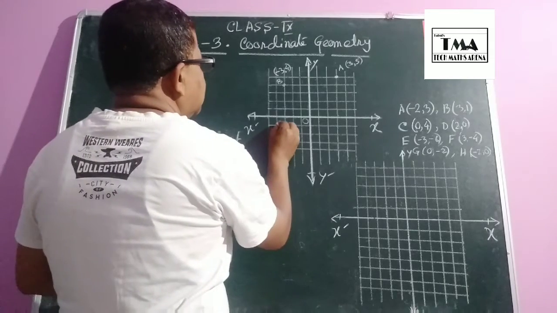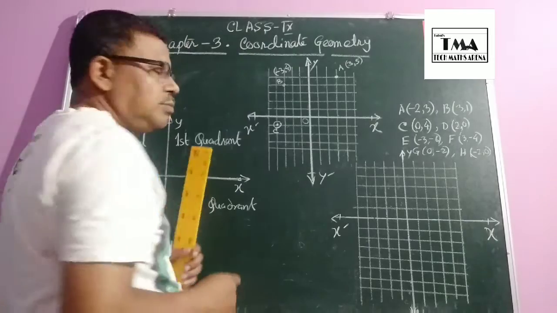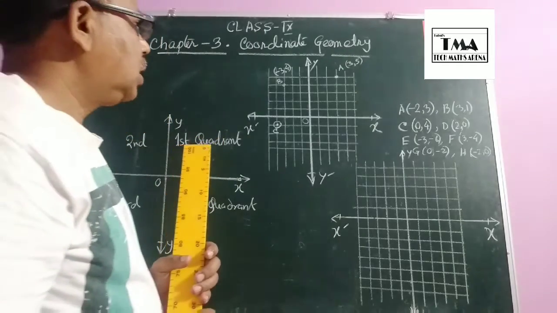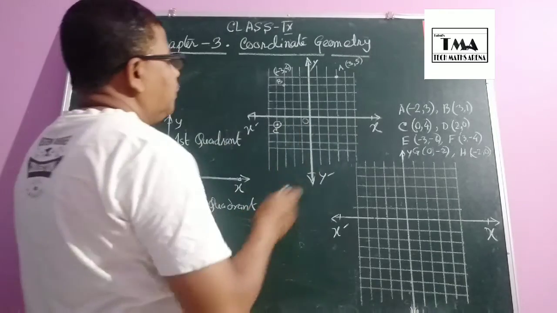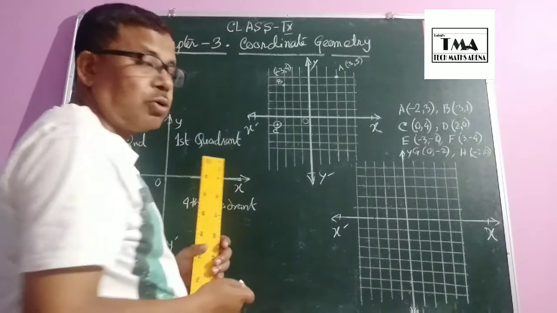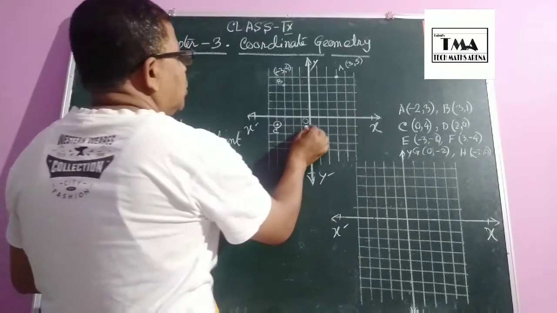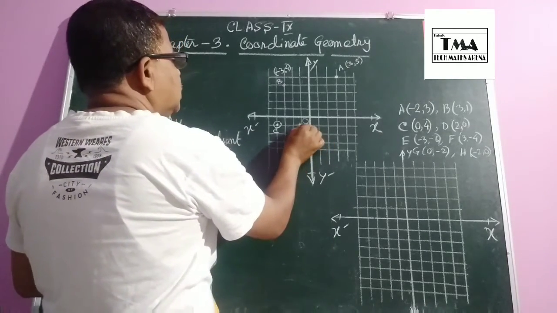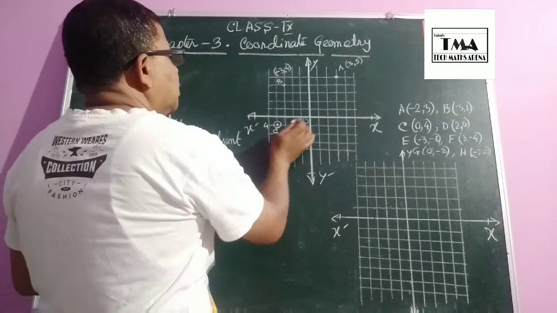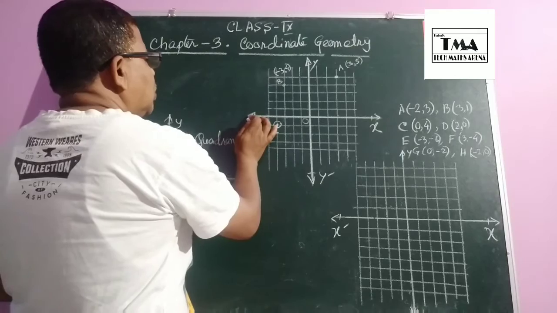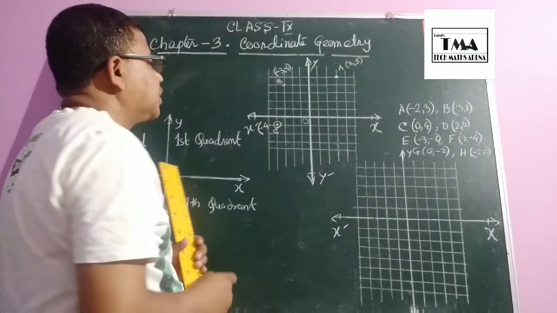Another point, suppose this point, named C. Firstly we have to take out the x coordinate, which is 1, 2, 3, 4, but this is along the negative x-axis, so we say -4.